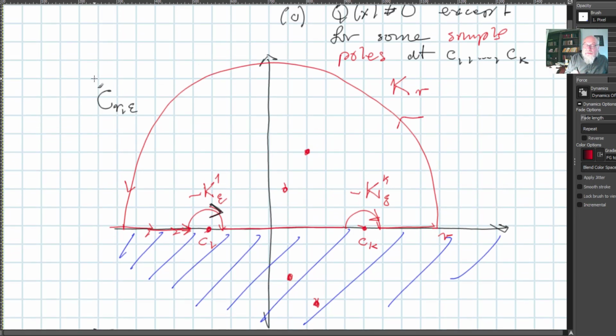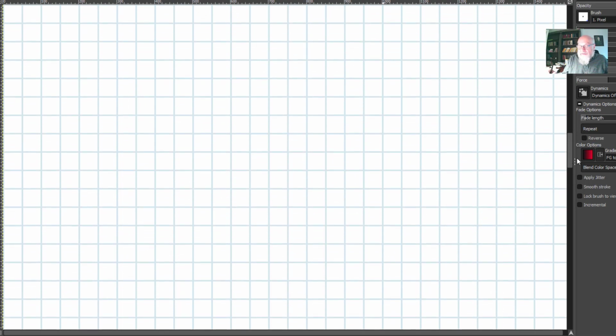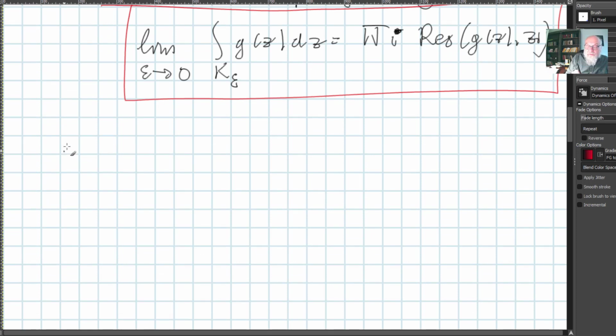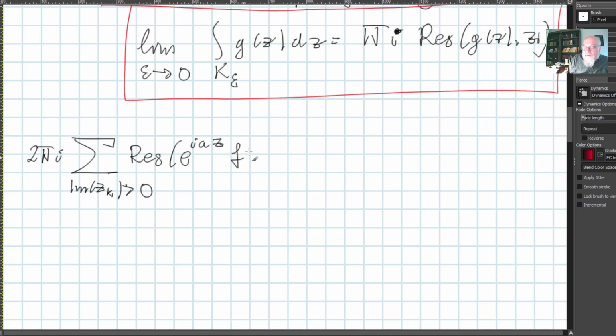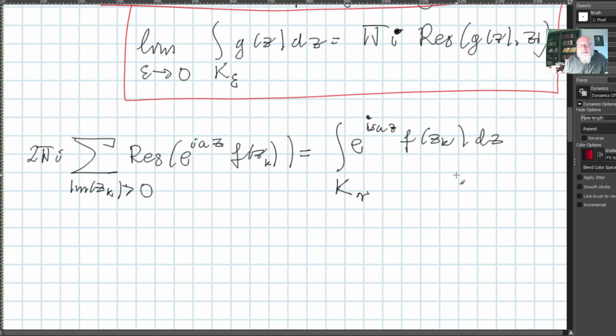And then let me write it down. What do we have here? We are getting the following situation. 2 pi i times the sum of the residues, the imaginary part of z_k larger than 0, of the residue of e^(iaz) f of z at z_k, and then this is equal to the integral over the big circle C_R of e^(iaz) f of z dz. It's difficult to write with this pen.